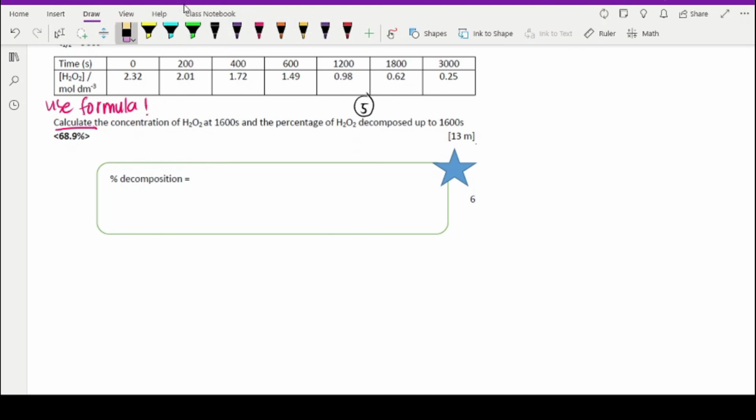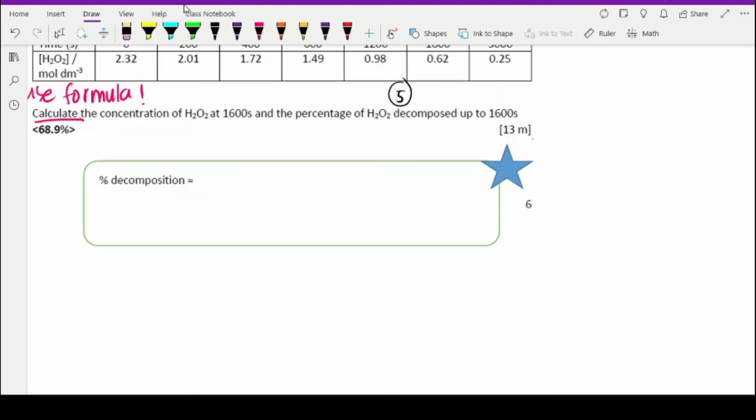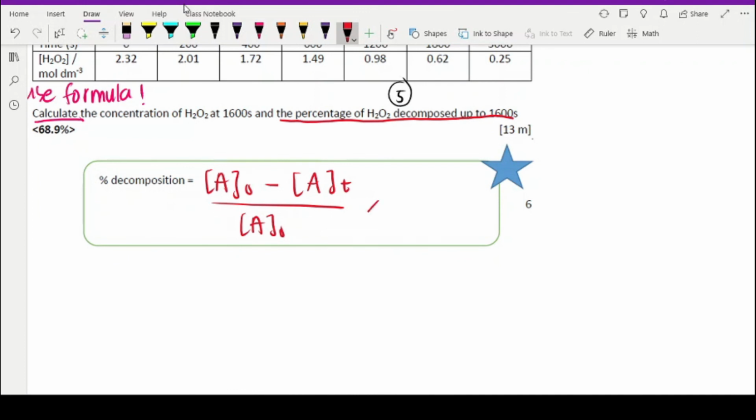The last question is to calculate the percentage of H2O2 decomposed up to 1600 seconds. This formula of percentage decomposition is not given in the lecture, so copy it down in your tutorial. That would be A naught minus At over A naught times 100%.